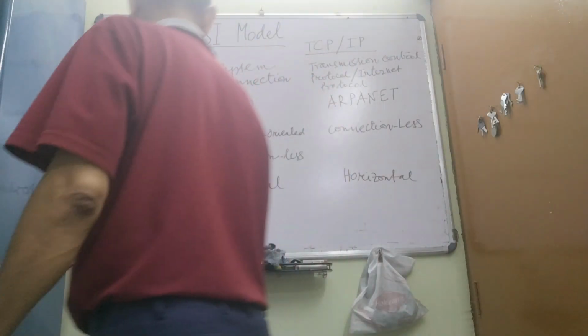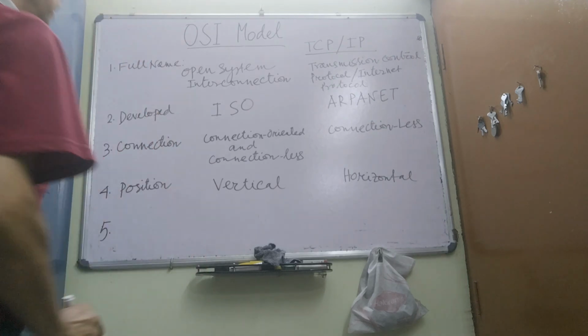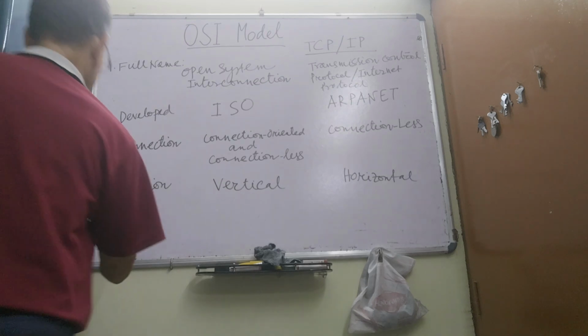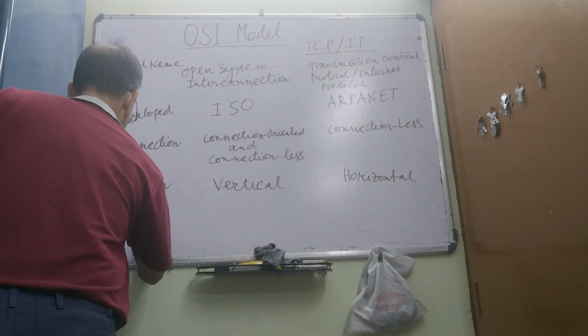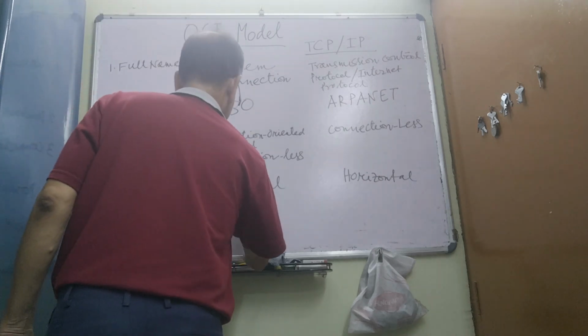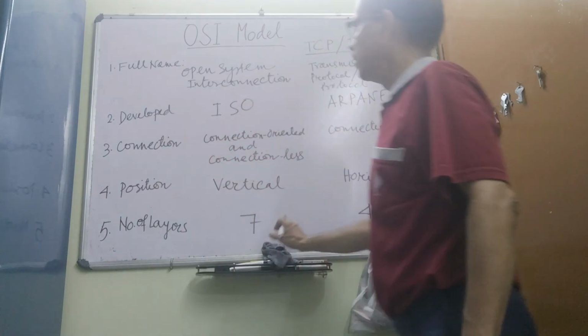Number 5, number of layers. This is 7 layers and this is 4 layers.